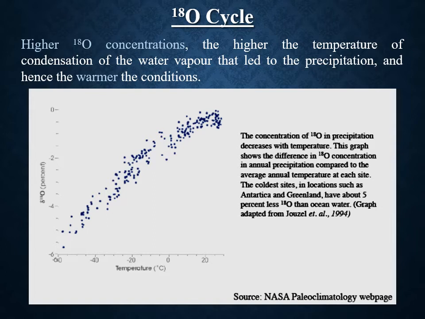So you can see the ratio of the heavier isotope of oxygen to the lighter isotope of oxygen, that is the ratio of 18O by 16O, will vary with time depending on the temperature condition of the earth.